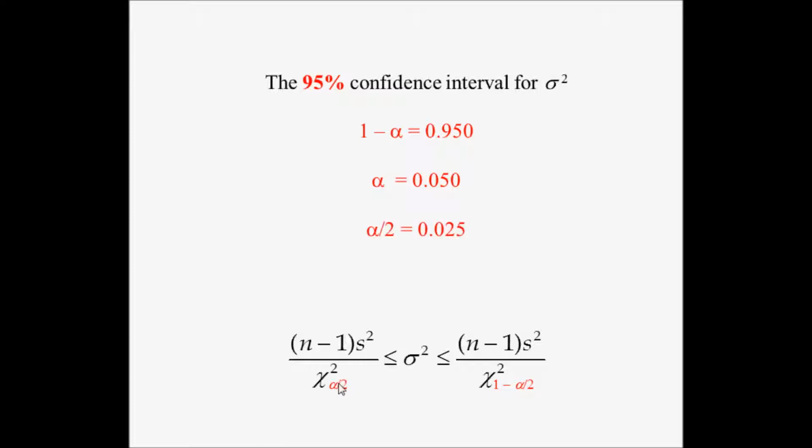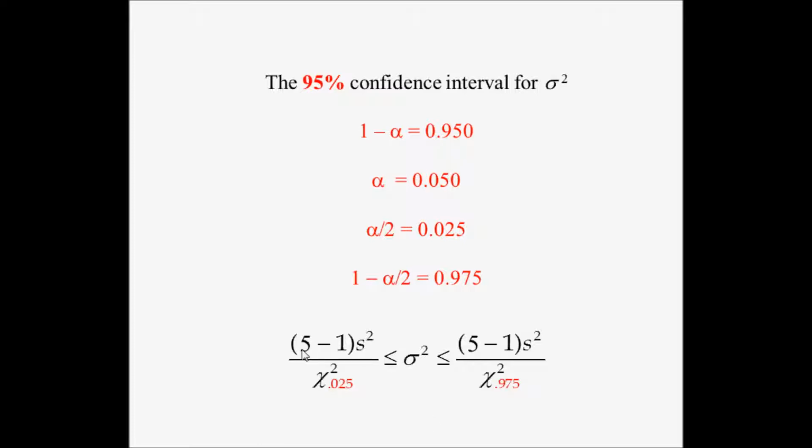Because there's 2 numbers of any confidence interval, we have to divide the significance level by 2, 0.025. Notice I replaced the subscript down here, alpha divided by 2, with 0.025. And then 1 minus alpha divided by 2 is 0.975. So I'm going to replace this subscript with 0.975.